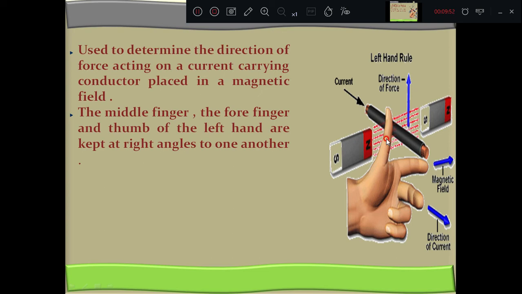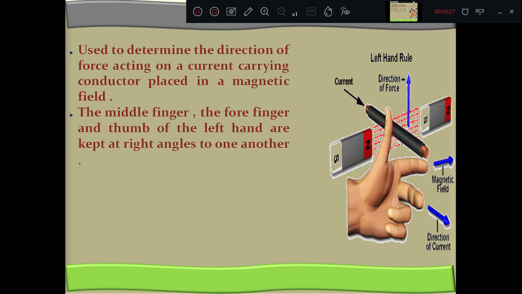Once again, on the working principle, three things are observed here. You can recall that for a generator, we have a conductor, we have a magnetic field, and then we need a relative motion between the conductor and the field.